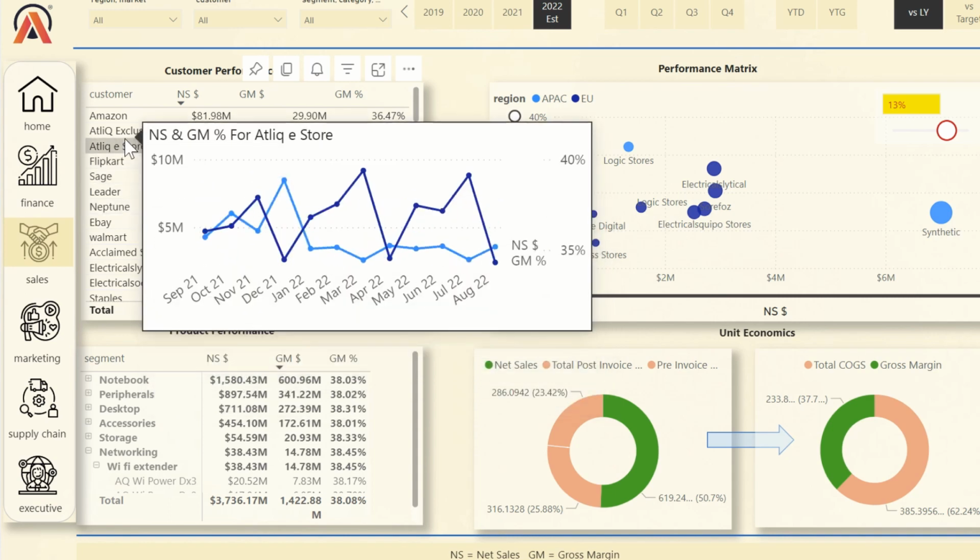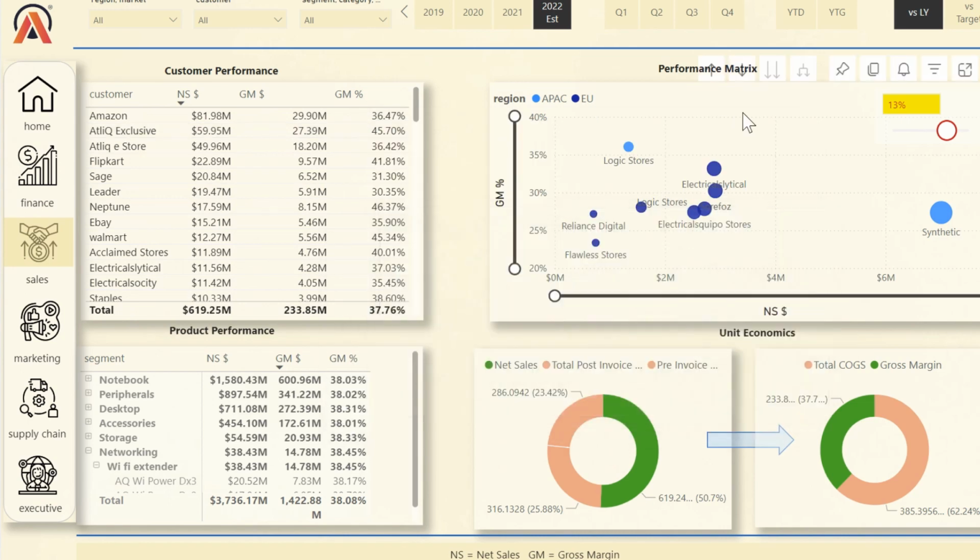And if you hover over any of the customers, you are seeing the trend over the fiscal year. I'm saying fiscal year because it is starting from September 21 and finishing in August. That is the fiscal year of the Atliq company.